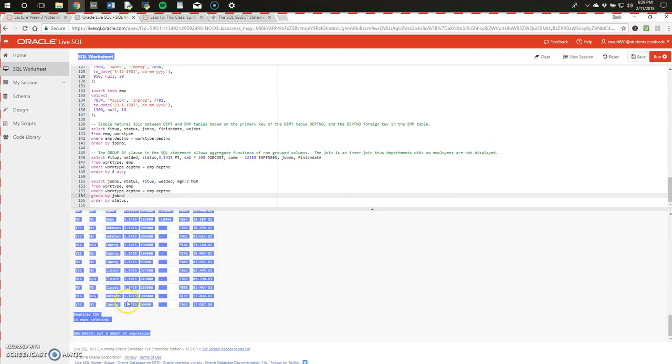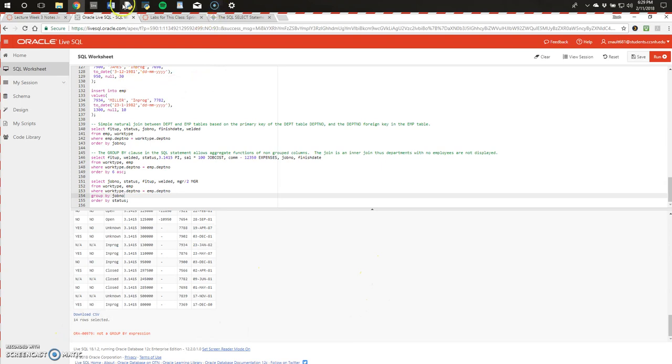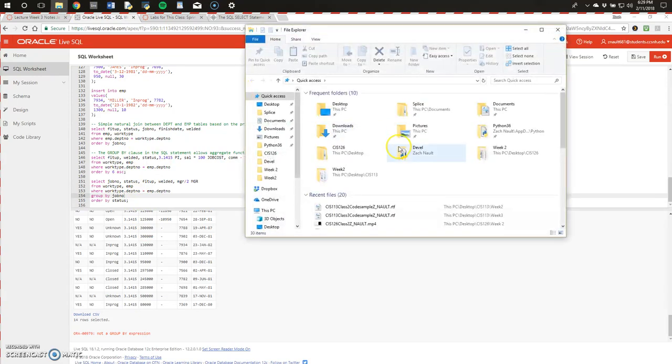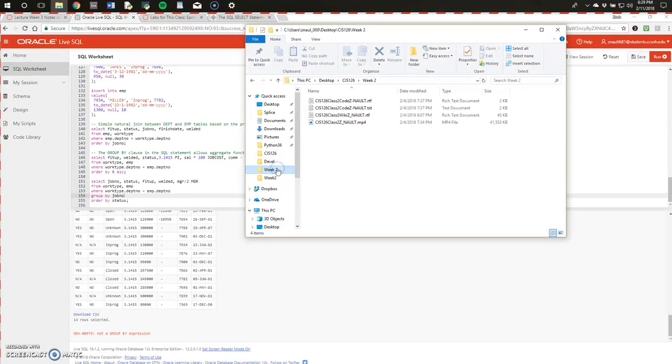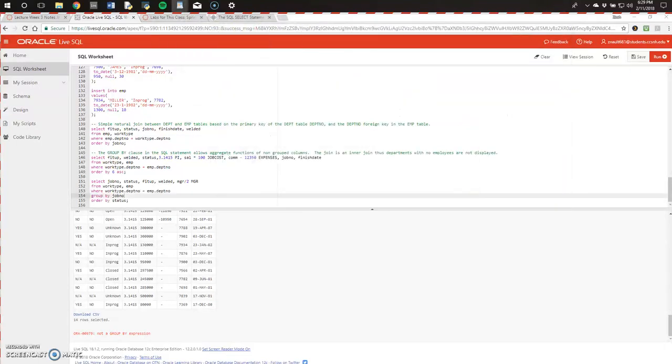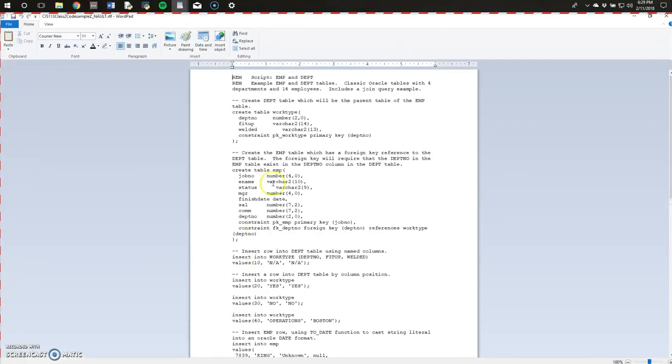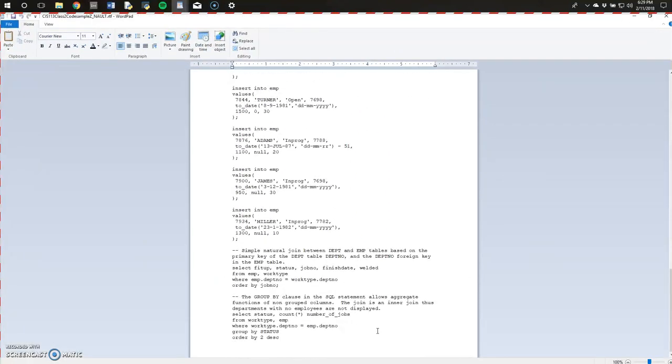So now I get group by expression. But if I look at, not that one, wrong class. This one. How'd they do it in this one?